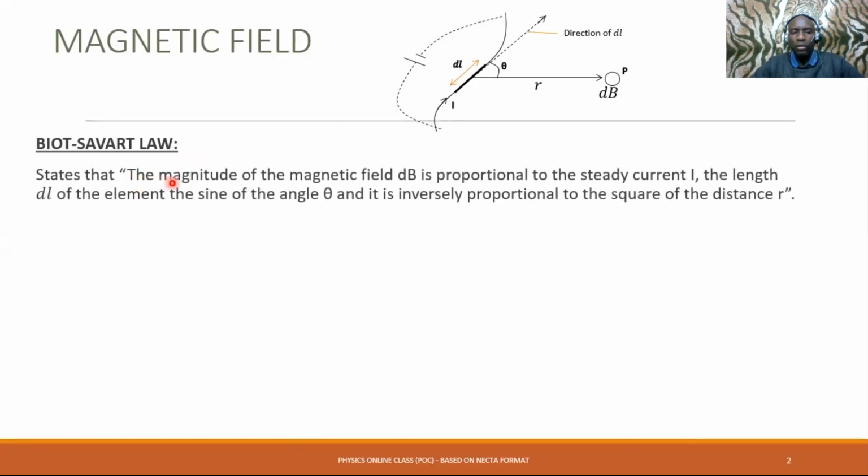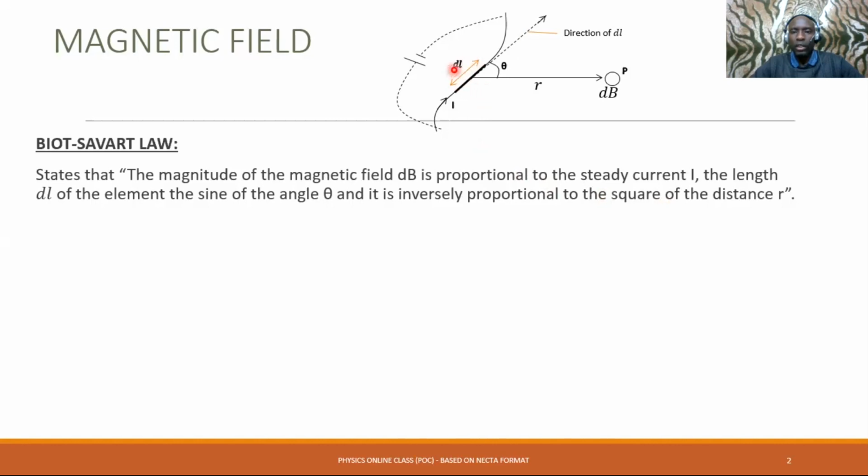Biot-Savart Law states that the magnitude of magnetic field dB is proportional to steady current, the length of a small element dl, and the sine of the angle theta, and is inversely proportional to the square of the distance r.